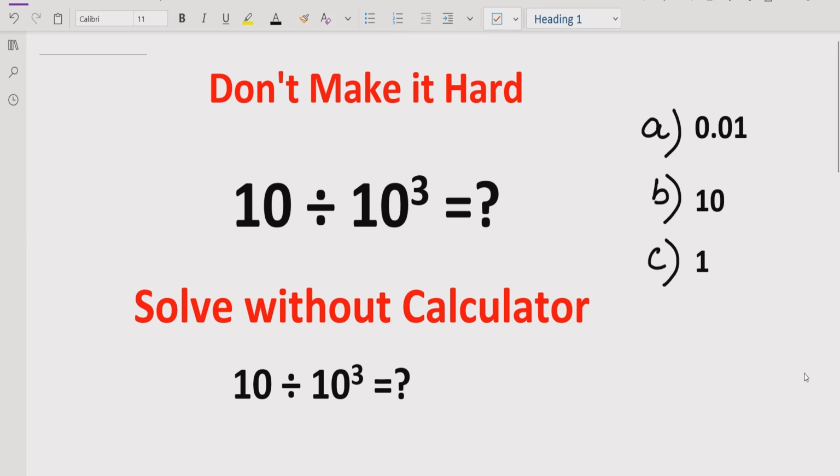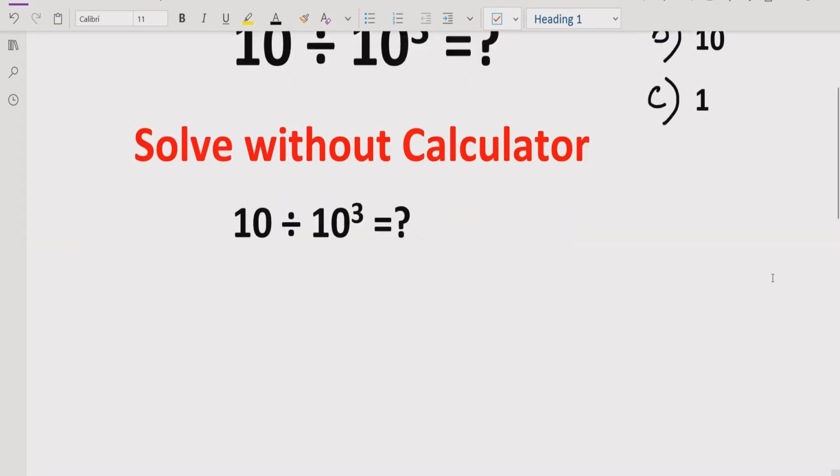Now, this is 10 divided by 10 raised to power 3. So here we have to know how you can solve this expression. First, we have to know what 10 raised to power 3 is. It means that you have 10 multiplied by 10 multiplied by 10, right?